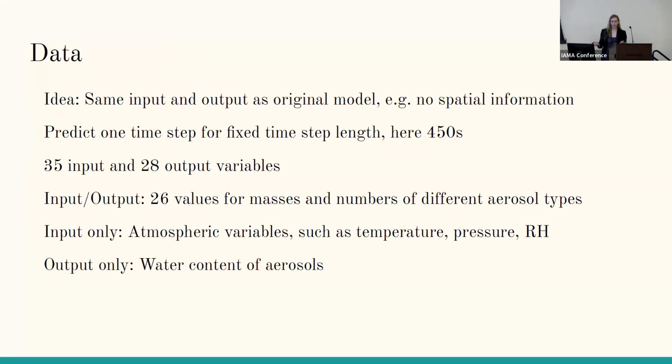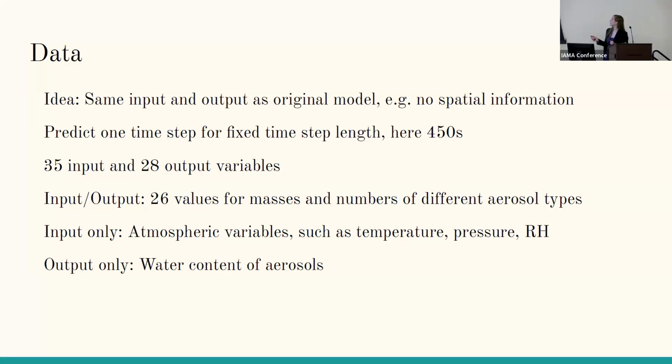So as I said before, we're just replacing the existing model. So there's no spatial information, it's a box model. And we predict one fixed time step. We have about 35 input variables and then output variables.